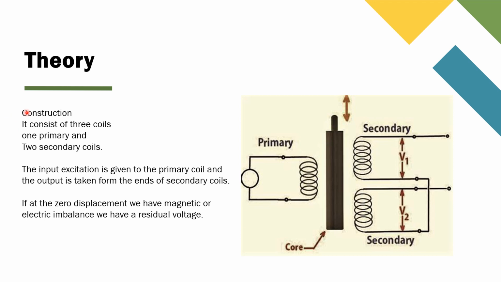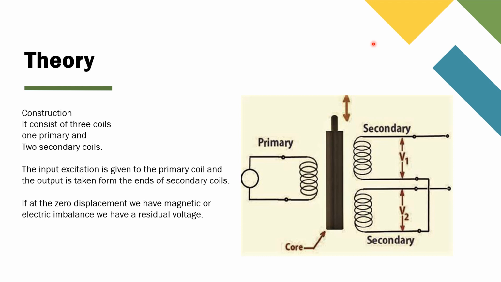So the main construction involves three coils, one primary and two secondary coils, and an input AC excitation is given to the primary coil. And when the excitation is given to the primary coil, due to the mutual inductance, a voltage or current is generated in both the secondary coils.